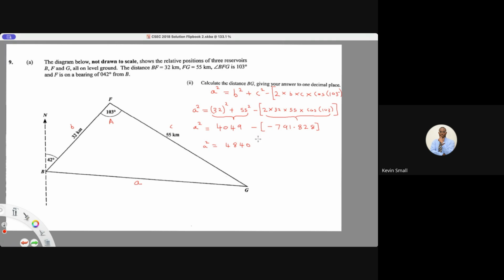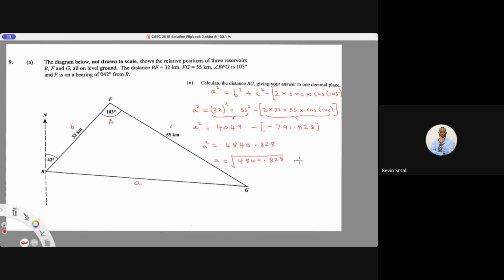So that is 4,840.828 to 3 decimal places. And then a will be the square root of that. So square root it.